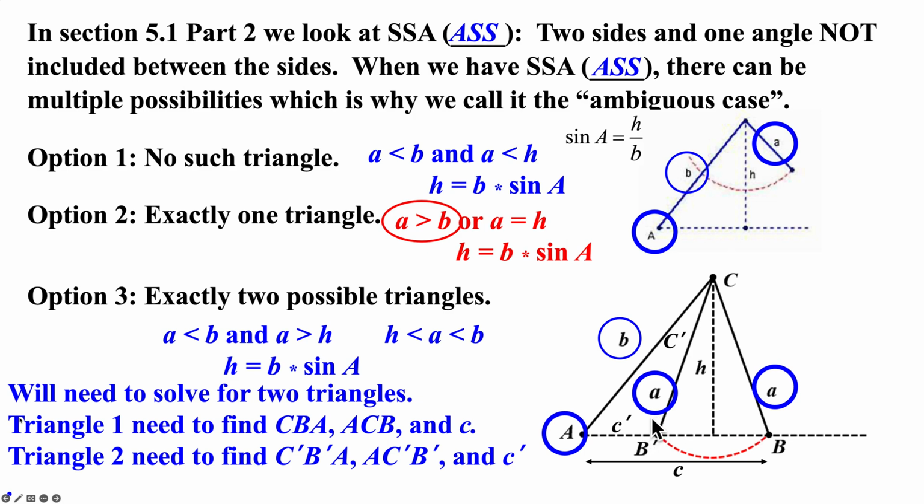B prime will always be obtuse. B prime and B are supplementary angles. If this angle is congruent to this angle, and this angle is supplementary to B prime, then B prime has to be supplementary to this angle over here. I know, I'm bringing back your sophomore geometry. Gotta love it.